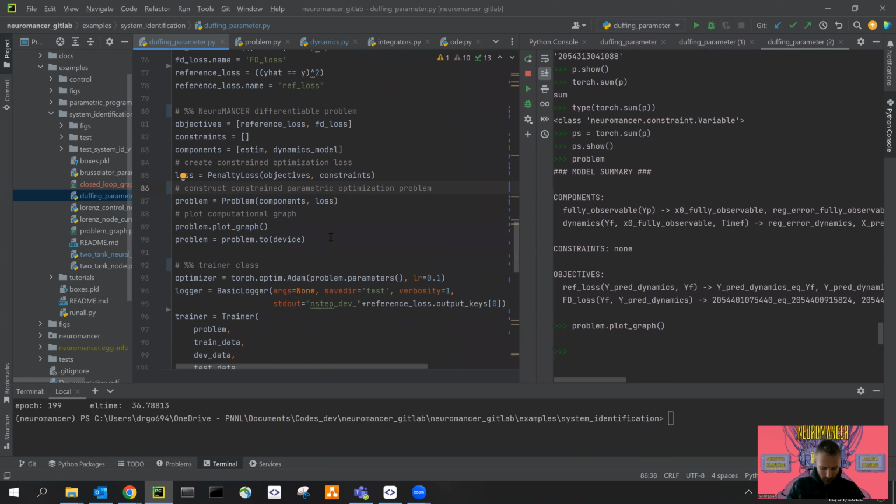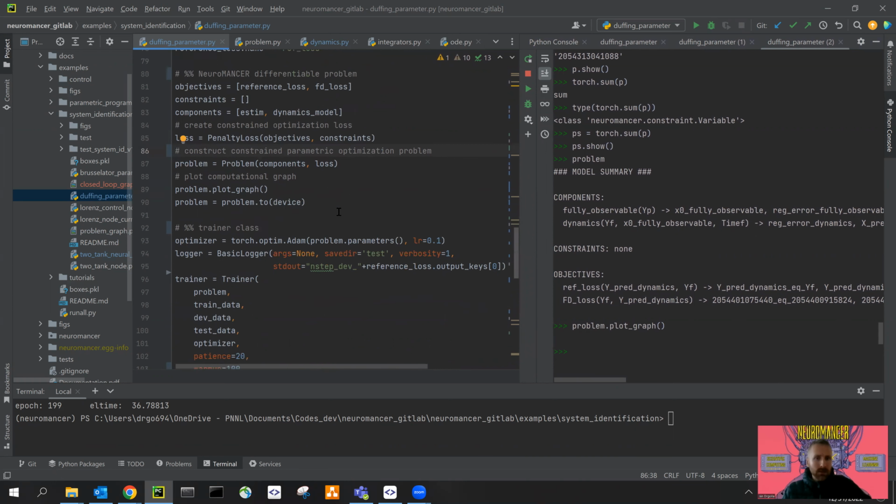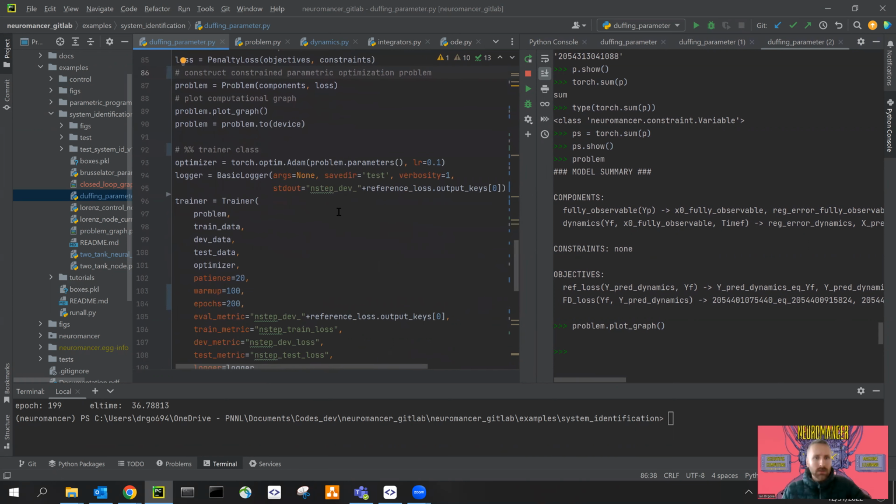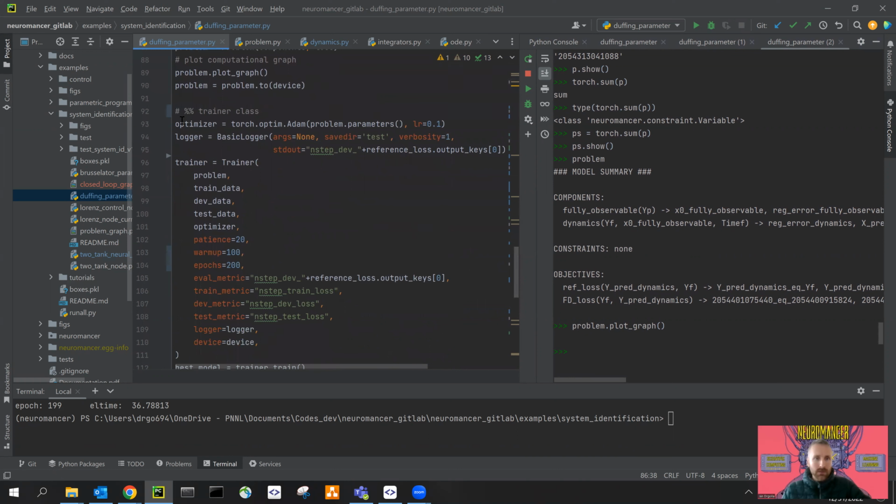Okay, so once we have the problem and everything is defined on the architectural side, we can go ahead and train this model using a standard gradient-based optimizer. In this case, it's ADAM. You can use ADAM-W or any optimizer from the PyTorch library.